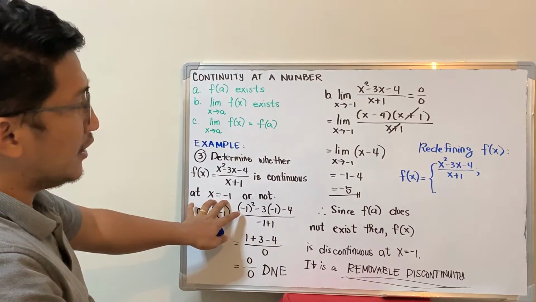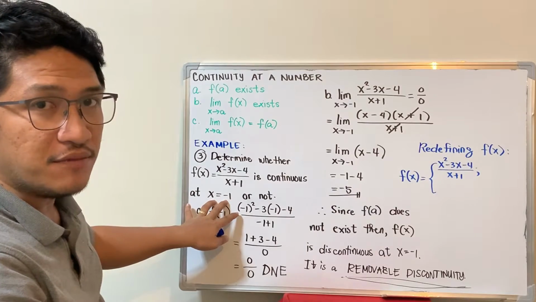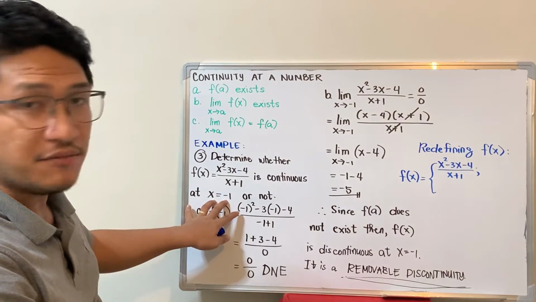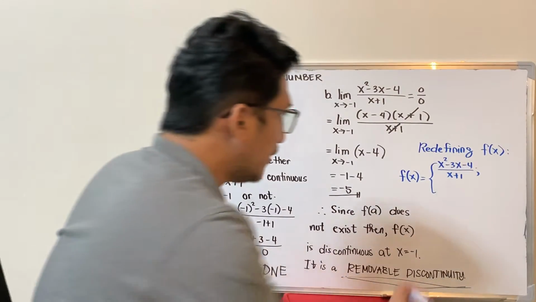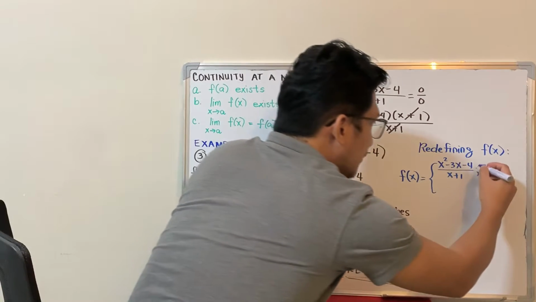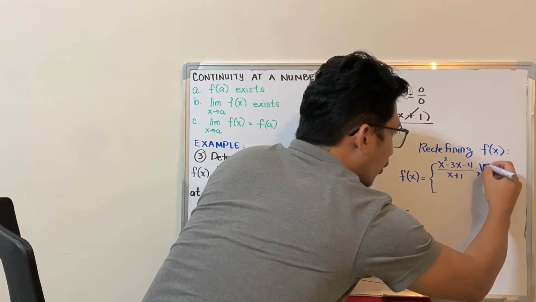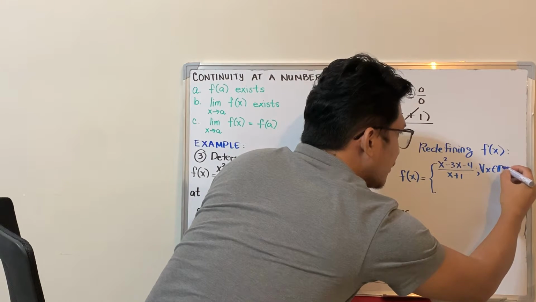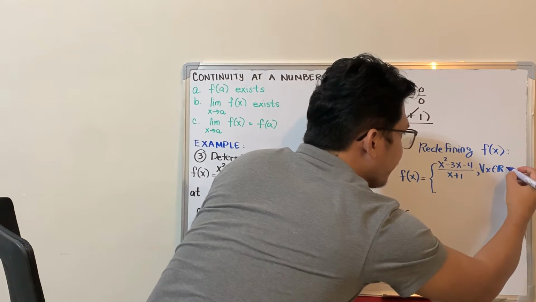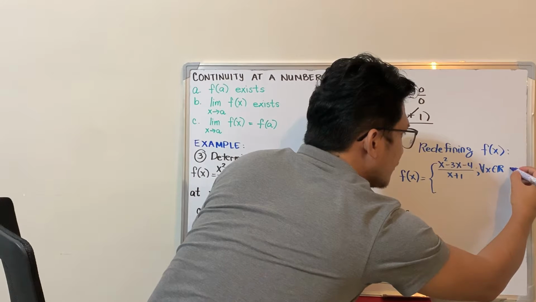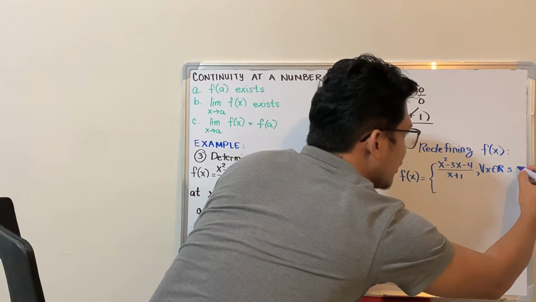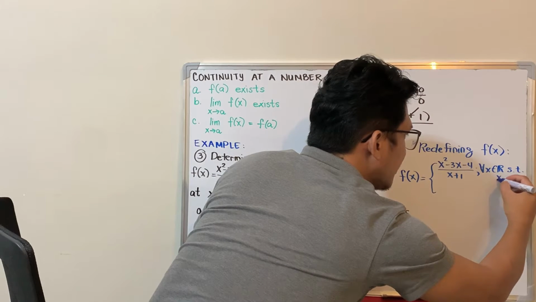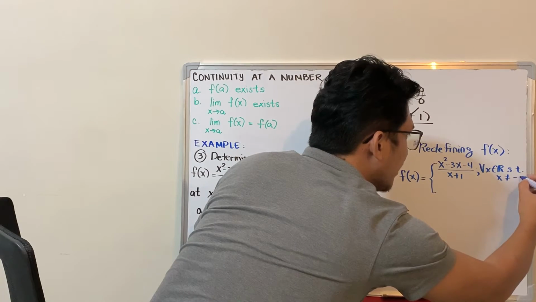Again, the value of x should not be equal to negative 1. Otherwise, it becomes discontinuous. So, this function is only applicable for all x element of real numbers such that x is not equal to negative 1.